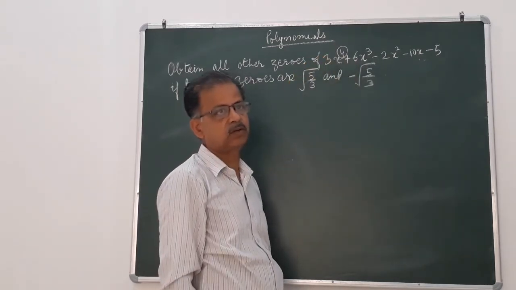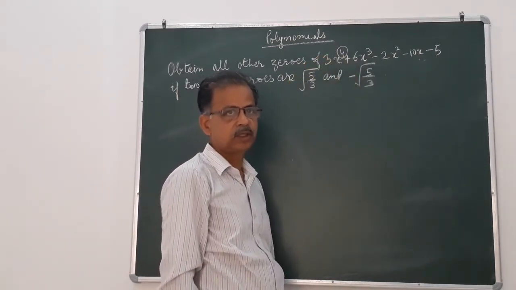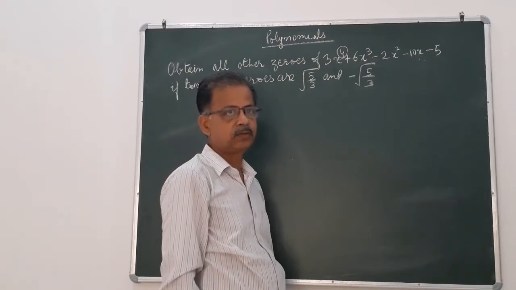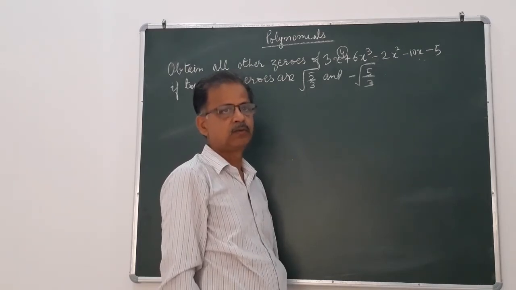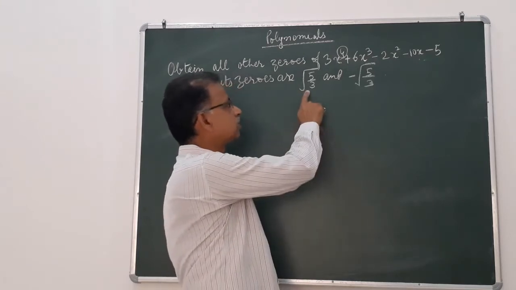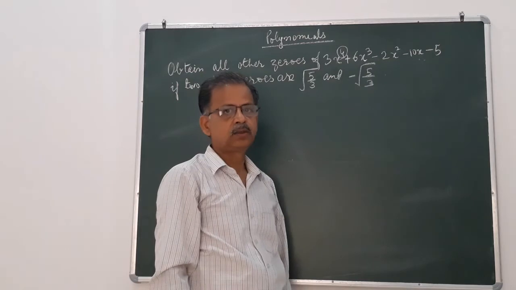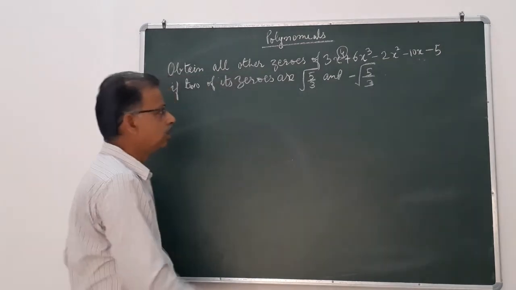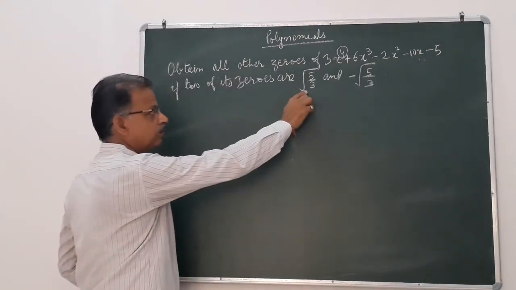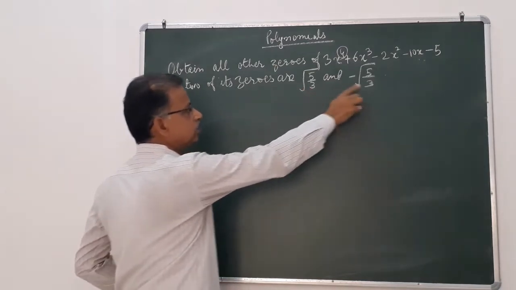It means degree of the given polynomial is 4. It means given polynomial can have maximum 4 zeros, out of which 2 zeros are given and we have to find remaining 2 zeros. So first of all, we take these 2 zeros.